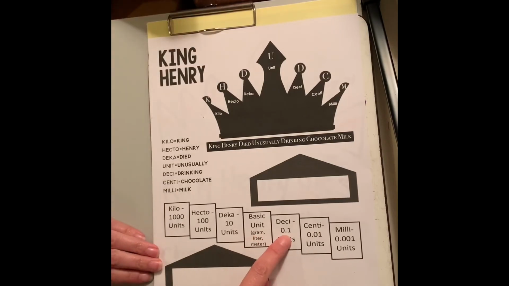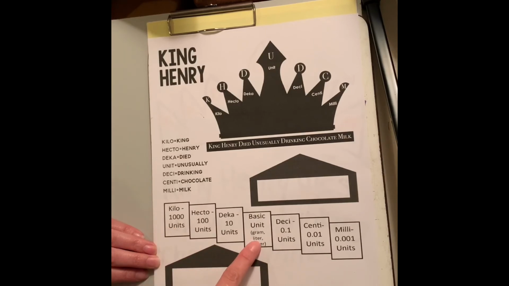As I'm getting smaller, 1/10 of a gram would be a decigram. 1/100th of a gram is a centigram. 1/1,000th of a gram is a milligram. And as you get bigger, 10 grams is a decagram. 100 grams is a hectogram. And 1,000 grams is a kilogram.